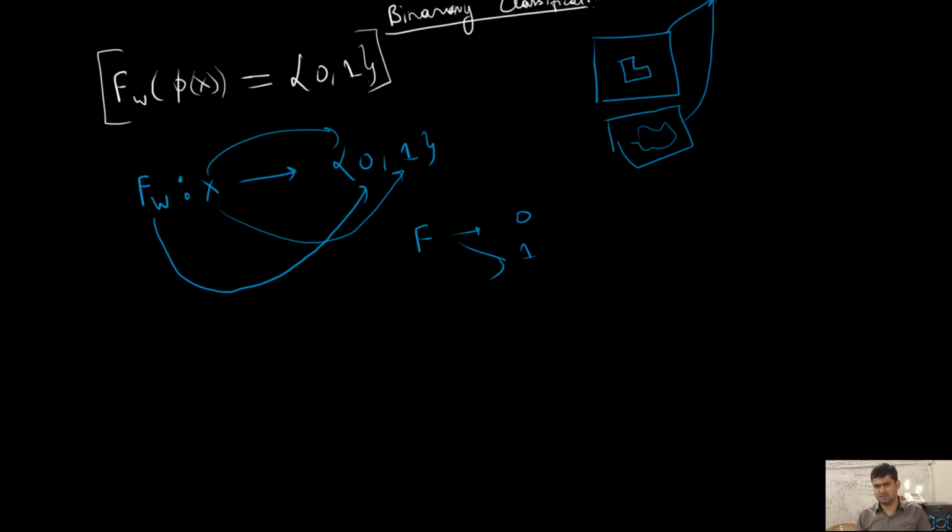Rather than just outputting the values, we can also force the function, or compute a function, that also maps some quantitative values for each of these classes, which gives you an idea about the degree of belief that this functional mapping thinks that the input belongs to class 0 or 1.